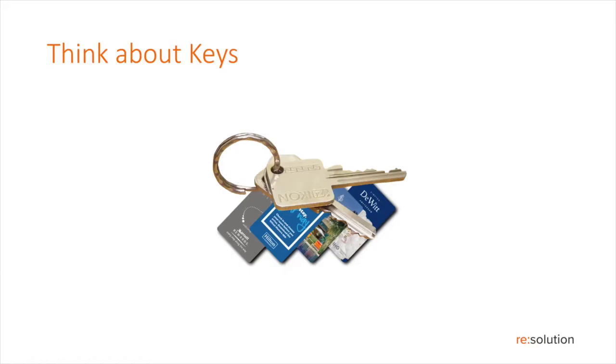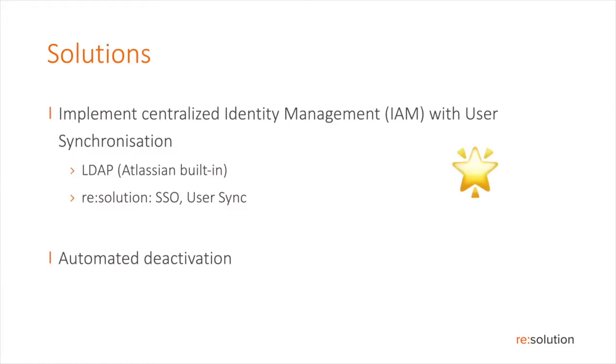But hey, what are the solutions? One, the gold star solution, which I'm not going to talk about much today, is implement some centralized identity management with user synchronization. So if you have Active Directory and you can enable LDAP, then do that. Whenever someone gets deactivated in your central directory, he gets deactivated in your Atlassian applications.